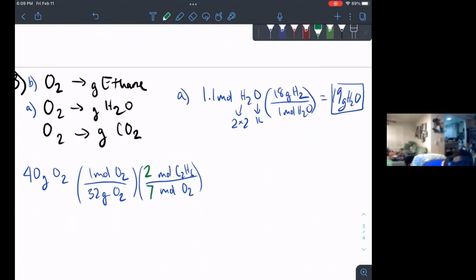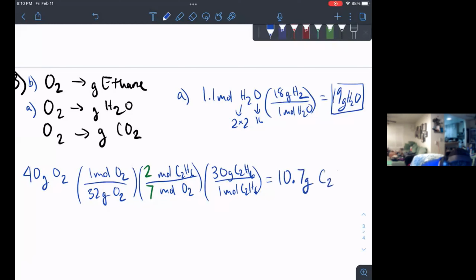And then we're going to go back to grams of ethane. 1 mole C2H6 to 30-ish grams C2H6. And so let me do some math real quick. And so that equals about 10.7 grams C2H6.